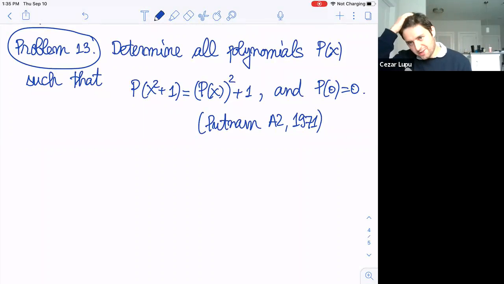You see, this is a functional equation with polynomials this time, which, well, I didn't quite cover this exact topic. I did something about polynomials, and I did something about the functional equation in the last video.